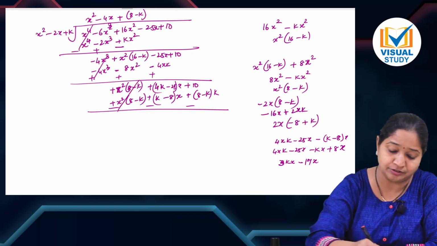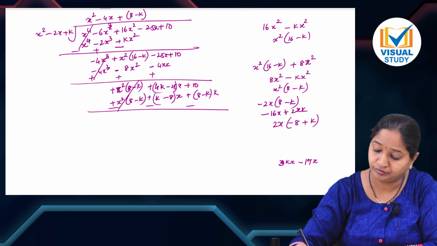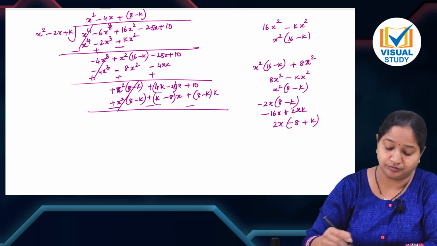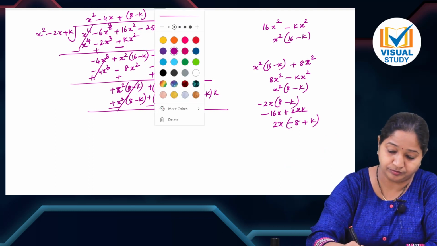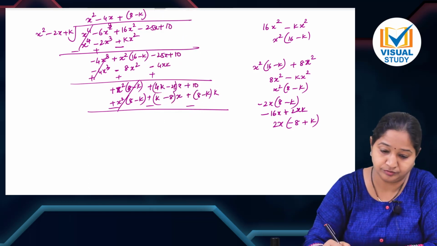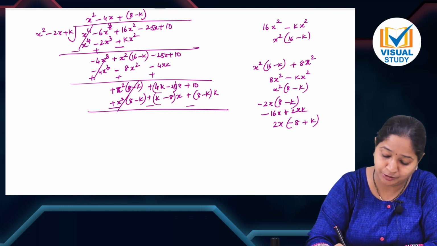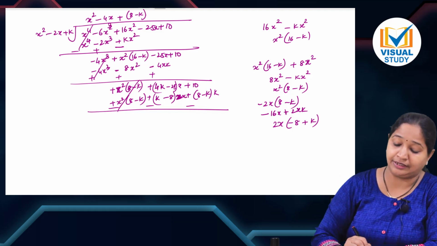We are making it plus, just a moment. Here, actually you have to write 2. I have not written the 2 here, and therefore the sum gets wrong.